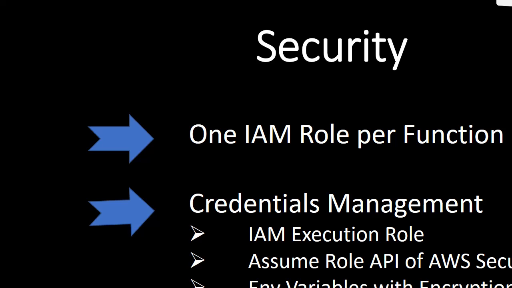You can use this to connect to the AWS resource, and it has a timeout feature, so it will be active only for a particular duration. After that, it will expire. So that is the best practice you can follow to connect to any other AWS resources using temporary credentials.